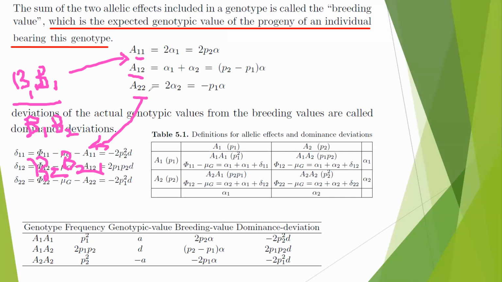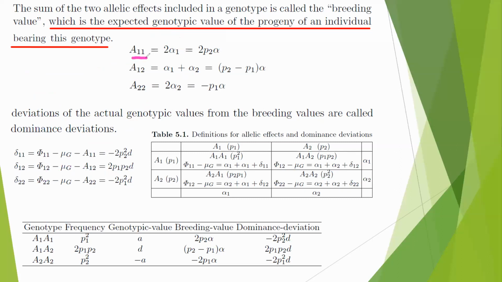So we use A11 to represent the breeding value, which is the additive effects from the combination of two B1 alleles. So this is the breeding value for the combination of the B1 and the B2 and so on. A little bit confusing, I know.